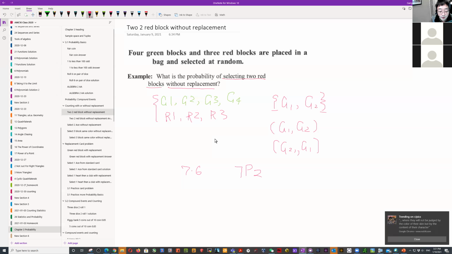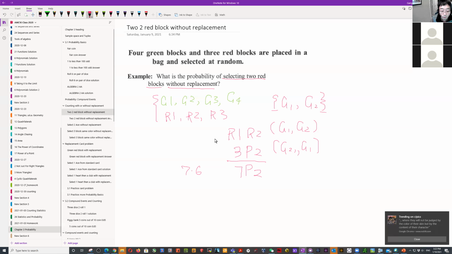Then what is the probability of selecting two red blocks without replacement? The way to select two red: the first is red 1, the second is red 2. Basically, you just permute it. The permuting selection space is smaller, so 3 permute 2.